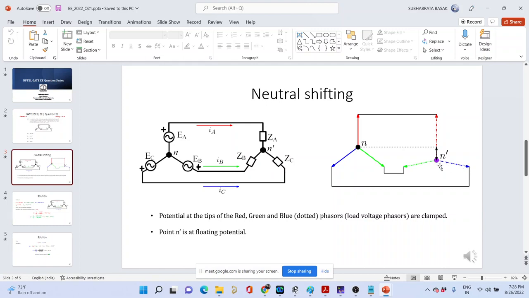It may happen the other way around. It may happen that the blue phasor is of greater length, and the other two are of lesser length. So it depends on what load you are connecting, but this is what happens. The neutral gets shifted. So what we do is we connect this to this neutral point so that it remains fixed at that potential. Okay.